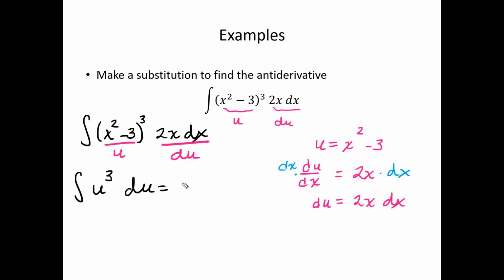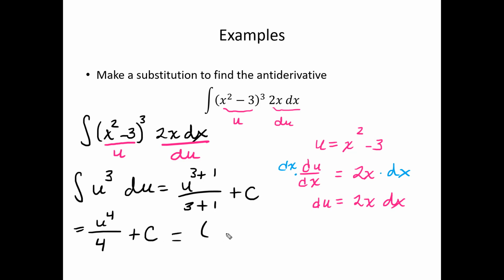How do you find the antiderivative? 3 plus 1 over 3 plus 1, and of course plus c, which would be u to the 4th over 4 plus c. Then finally, your last step, substitute back what u equals: x squared minus 3 to the 4th power over 4 plus c.